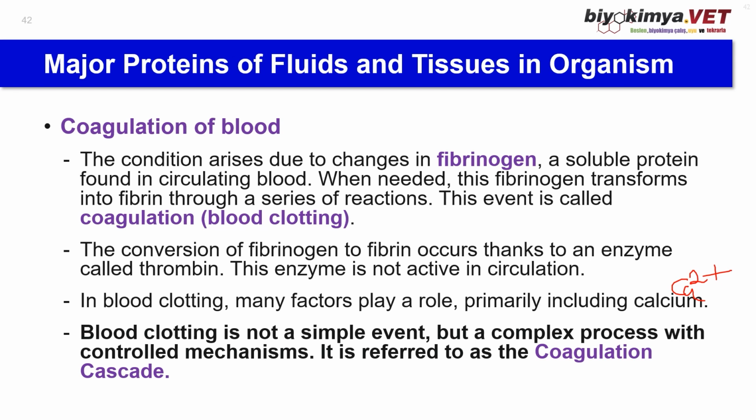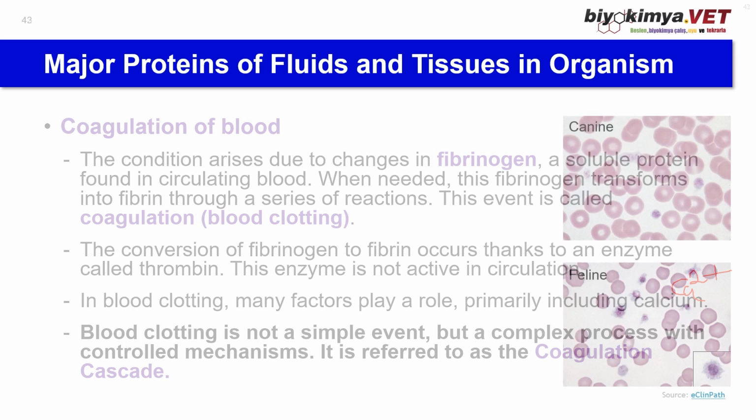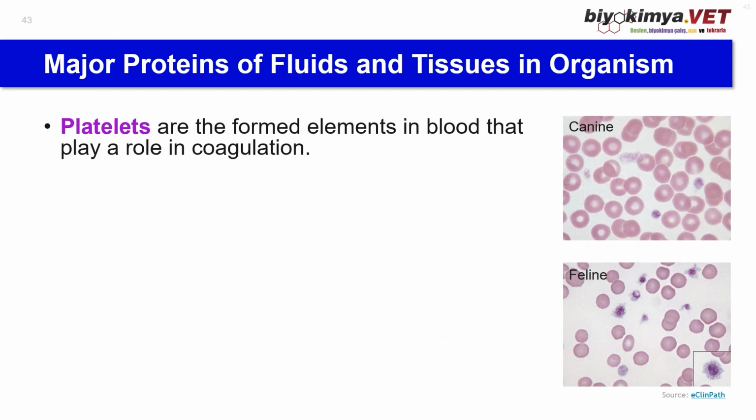Blood clotting is not a simple event, but a complex process with controlled mechanisms. It is referred to as the coagulation cascade, and there are intrinsic and extrinsic factors in the coagulation cascade. And the goal of this cascade is to activate thrombin, thus converting fibrinogen into fibrin. And the platelets are the cellular elements in coagulation.